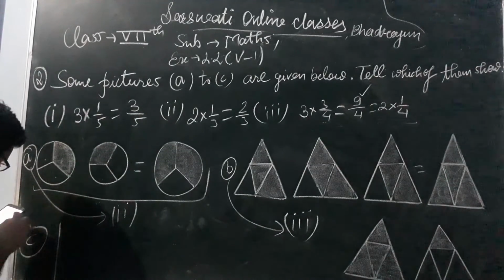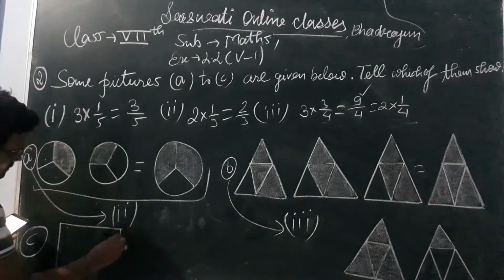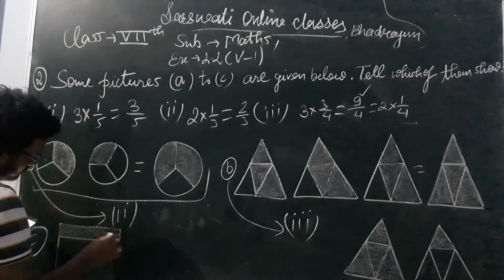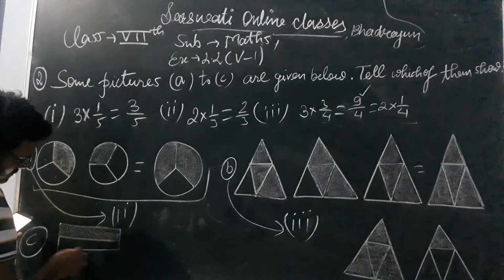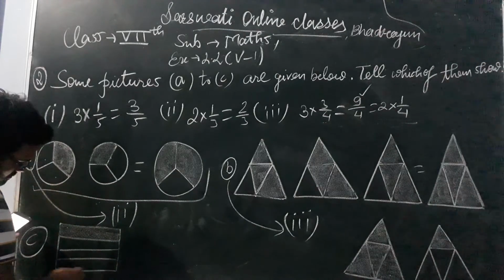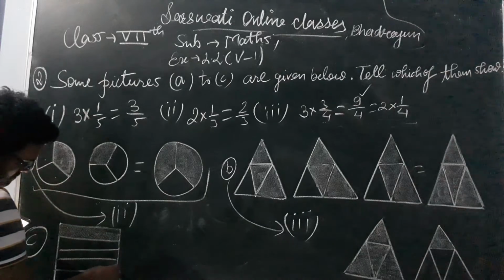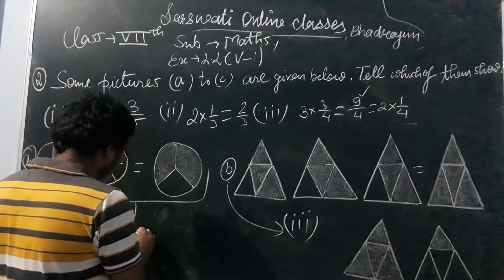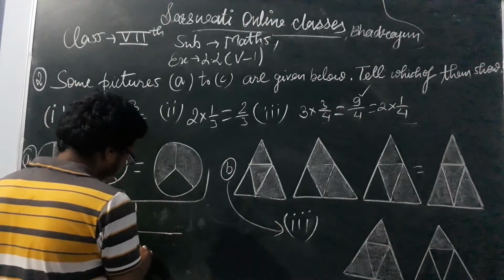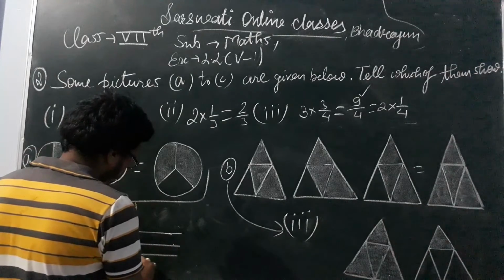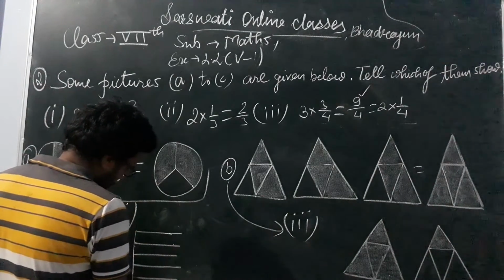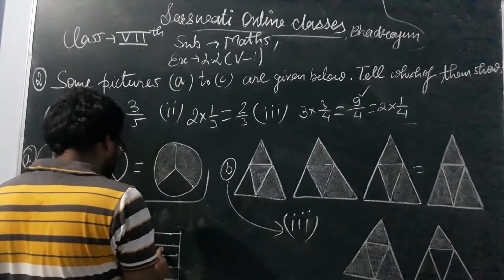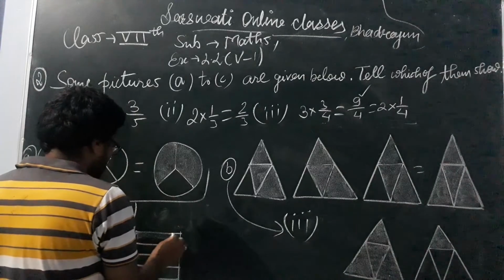Strips are given. 5 strips are there, out of which one is shaded. One, two, three, four, 5. One is shaded, this one.